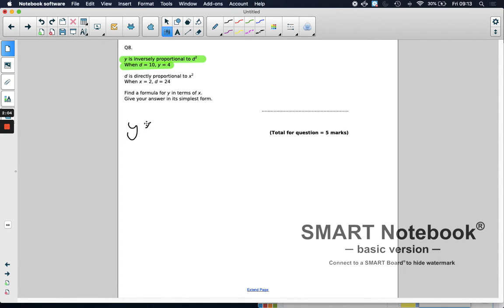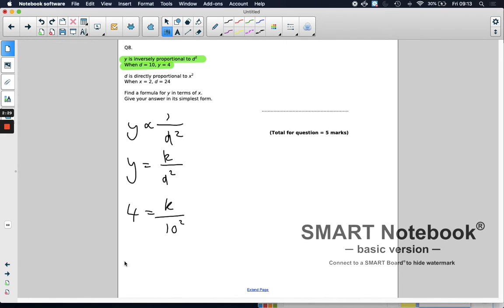I'm told that y is inversely proportional to d squared. Now that means that y equals k divided by d squared. When d is 10, y is 4. So 4 equals k over 10 squared.